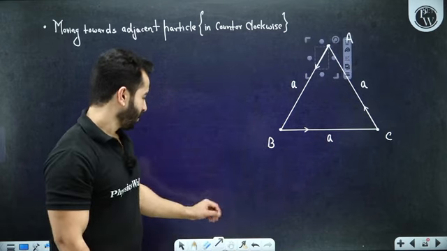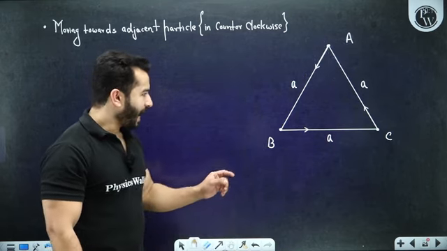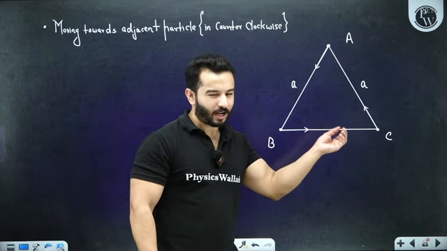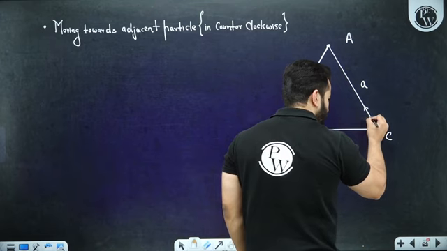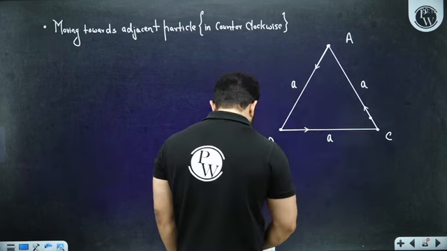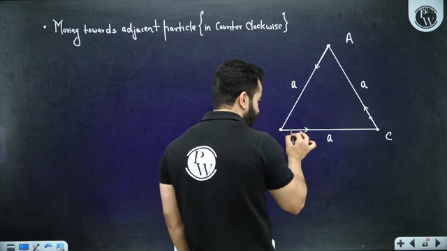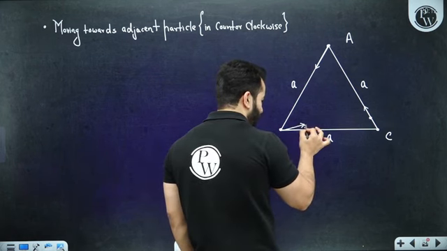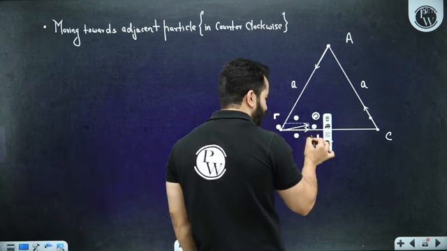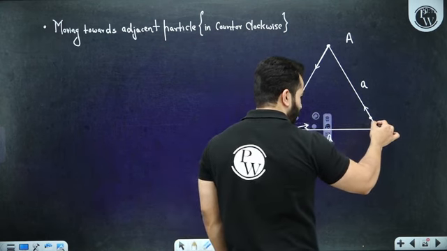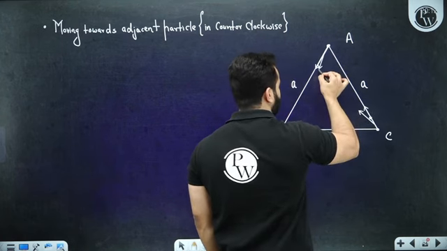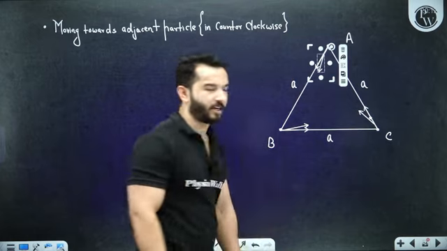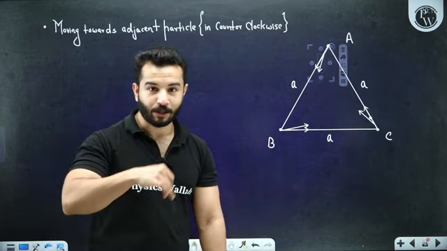Is that correct? Now it means that as soon as C moves over here, the B will change its path and start moving in this direction, and also C will start moving in this direction, and again A will start moving in this direction. Hopefully you are able to understand it. Right? They will not keep on moving in circles.